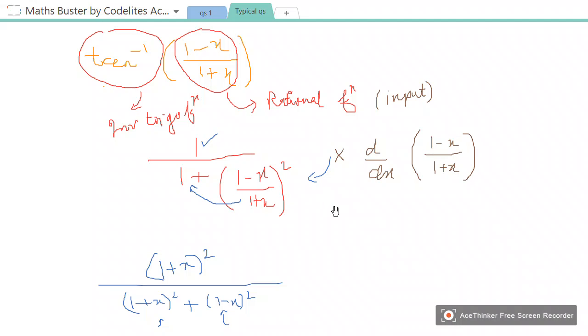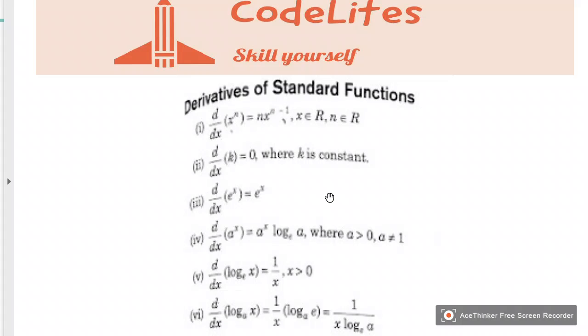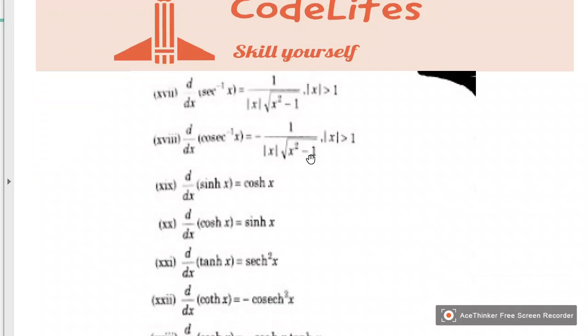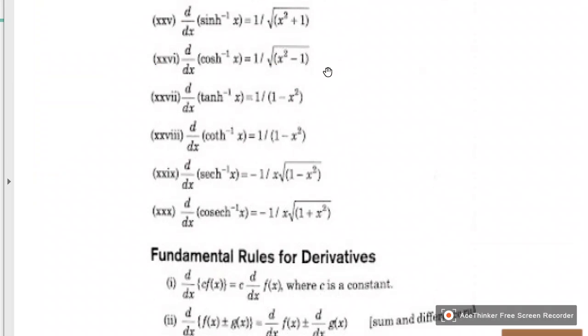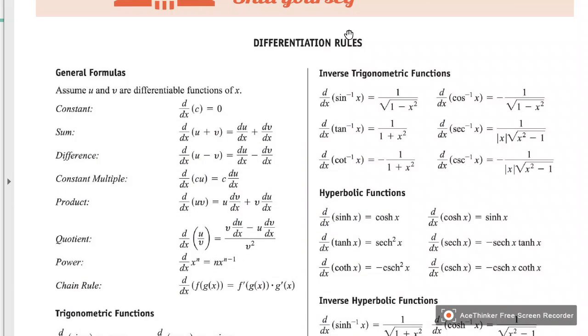We will simply apply the u by v rule. The formula for u by v is here.